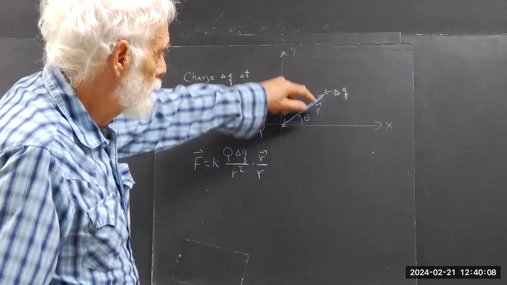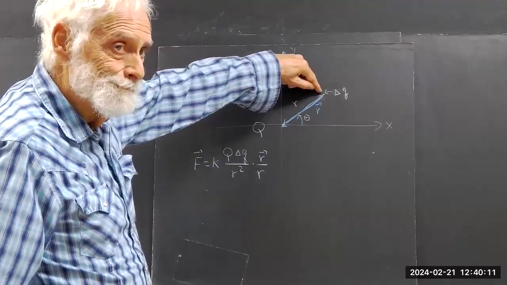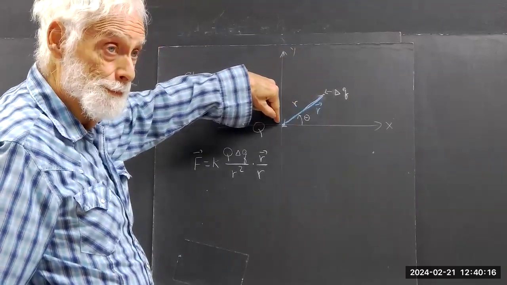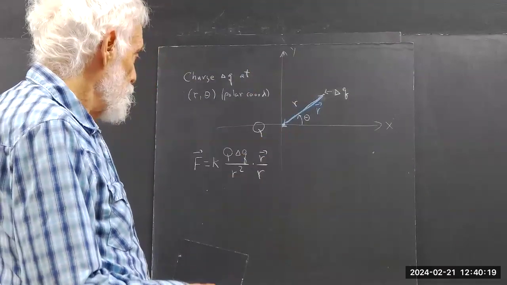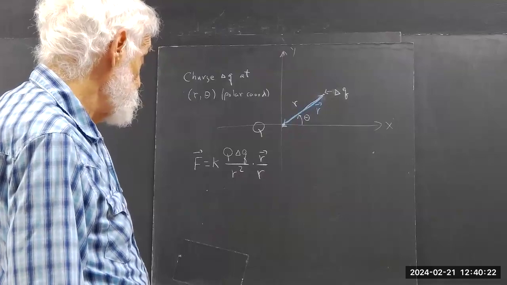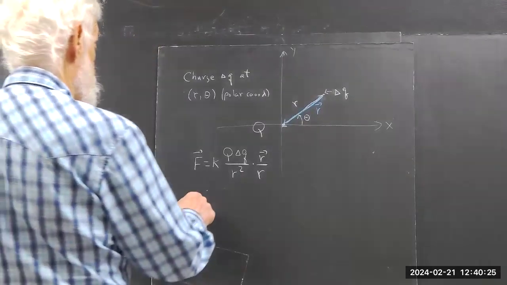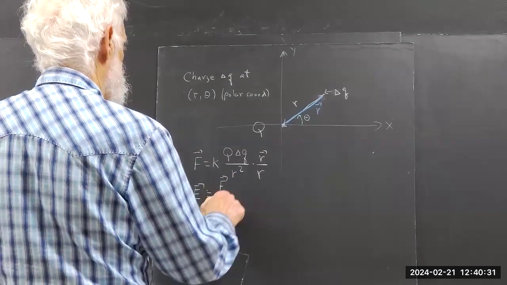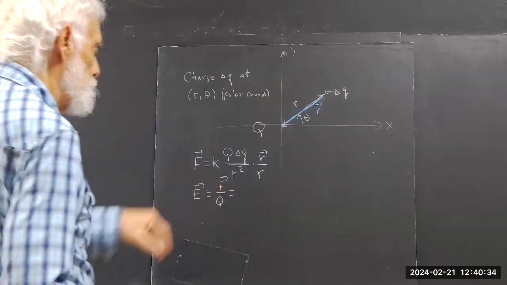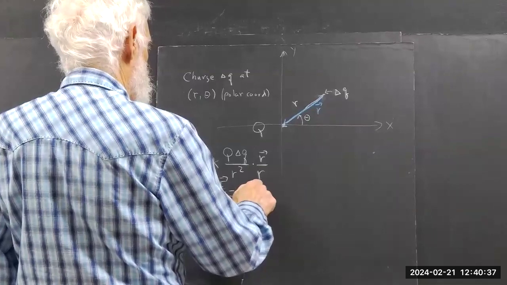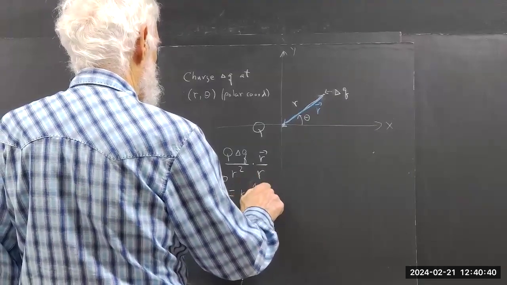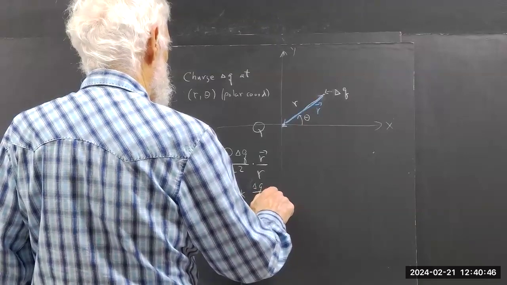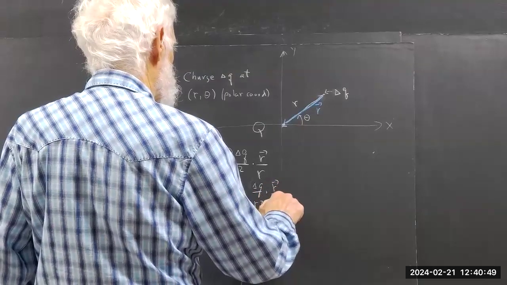Now this is the r vector. Its magnitude is r because its length is the same as the polar coordinate of this point, since Q is at the origin. Okay, so that's a simple way of writing it out. There's the force. The electric field is the force per unit charge. So it's K times delta Q over r squared times the r vector divided by its magnitude.